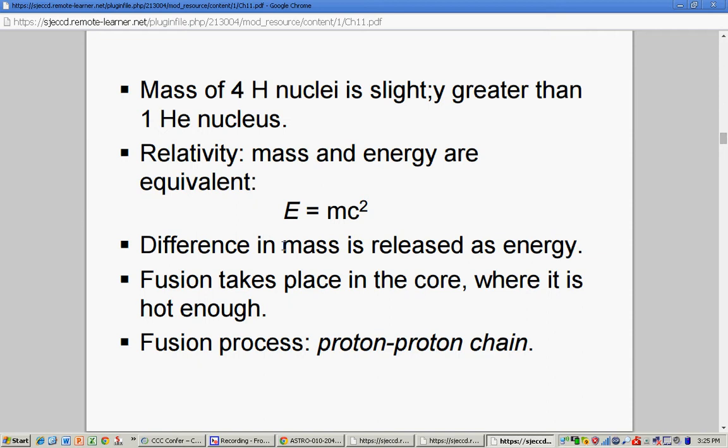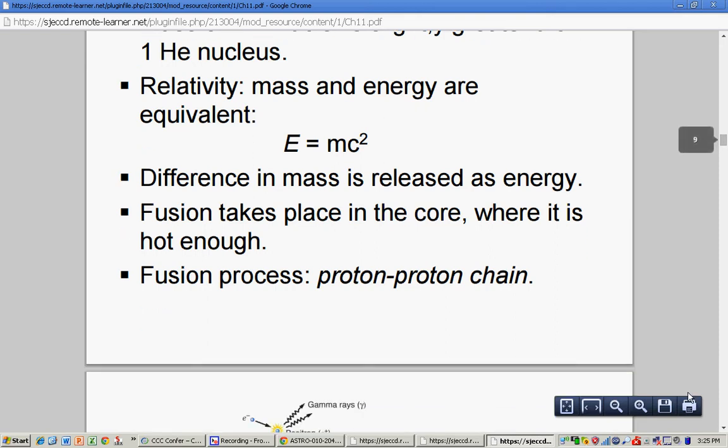And that difference in energy is pretty much associated with the flow of neutrinos and gamma rays created in the core. Now the gamma rays, this radiation, diffuses through the radiative shell and helps to keep the sun balanced in hydrostatic equilibrium.